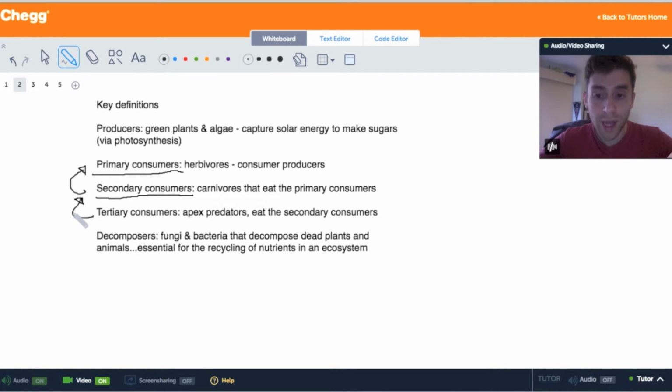They break them down. And this is essential for the recycling of nutrients in an ecosystem, because we don't just want all these dead plants and animals lying around. Instead, the fungi and bacteria decompose them and recycle their nutrients to be used by plants to keep the ecosystem in homeostasis.